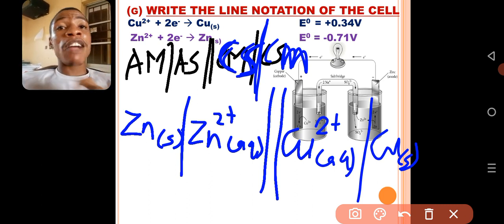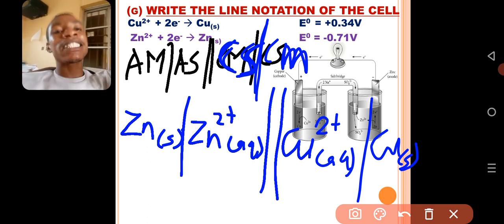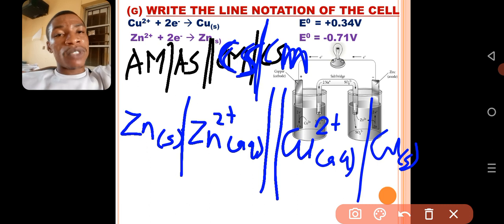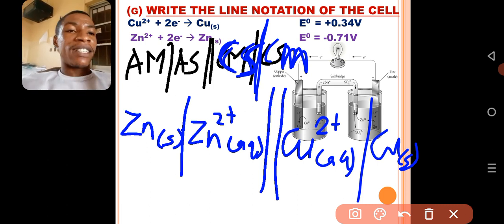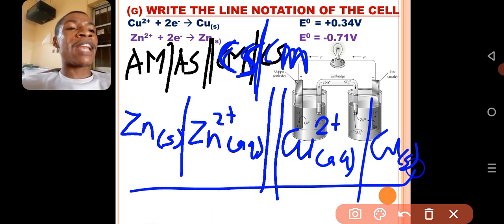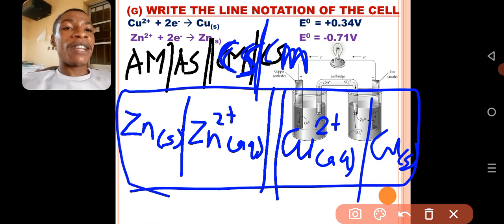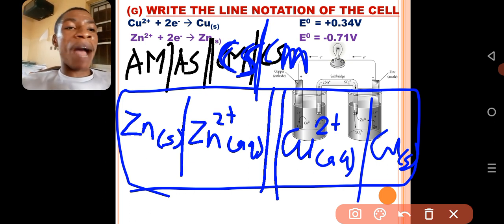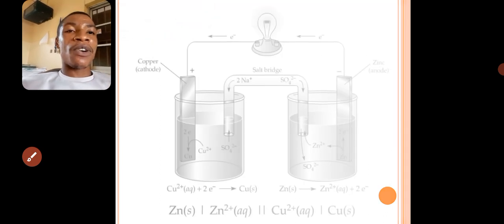Start with the material of the anode, single slash, the solution of the anode, double slash, solution of the cathode, single slash, the cathode material. Take note of that. So this is the line formula for that particular cell. Very easy. Put the physical state, put the ions where appropriate. So that's the line notation of the cell.